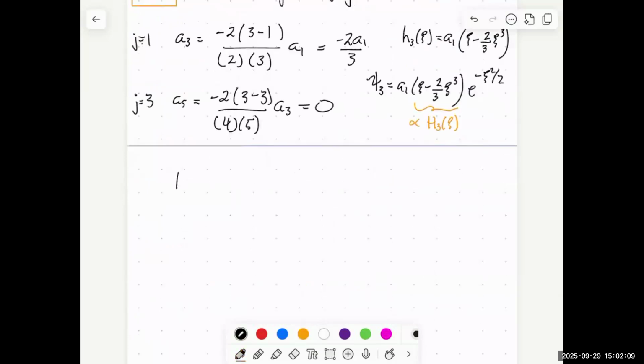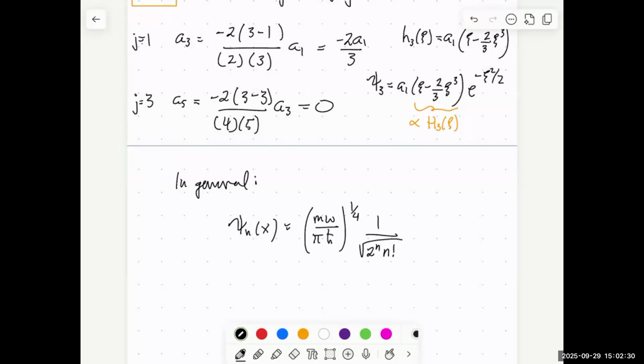Okay, good. So in general, the nth stationary state is given by, so there are some normalization constants. This is like the a0 constant, but then there's some other factors in here. And we'll talk about some of these in just a second. And then we have our hn of z, and then we have our exponential, like so.